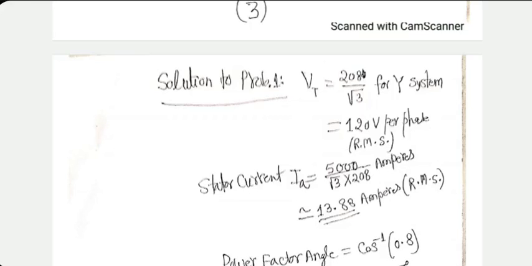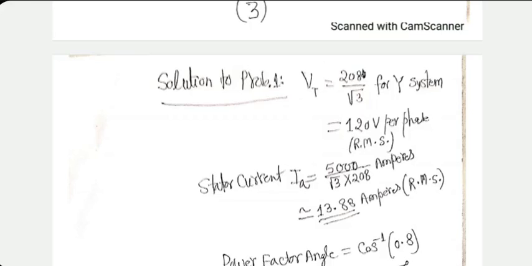Yeah, there is a formula for the kVA. You may not recall it, but there was a formula for kVA which was square root of 3 VL IL. If you go back to three-phase circuit notes, you'll see a formula for the total kVA coming out of the three-phase system.